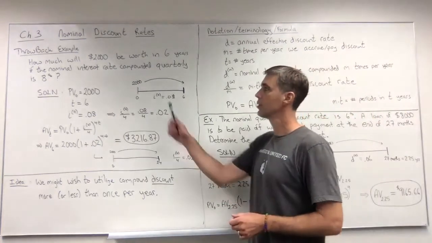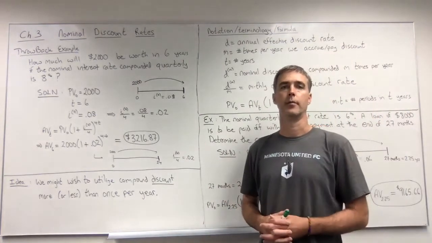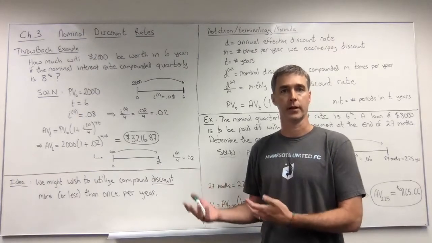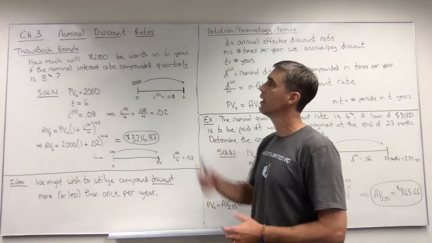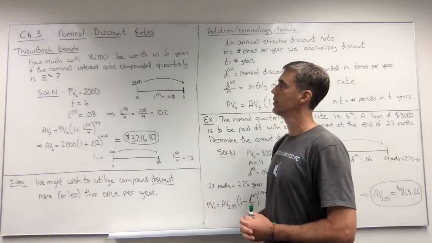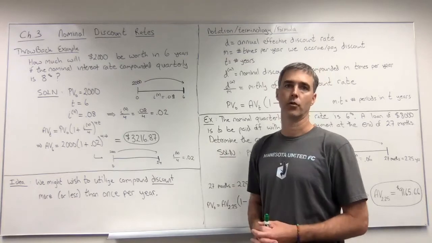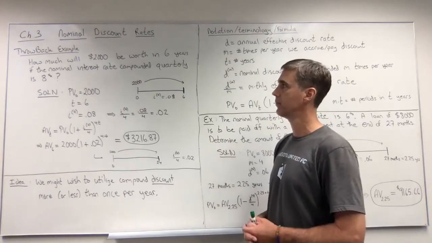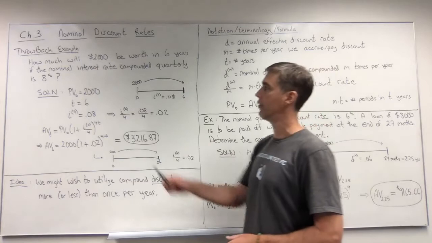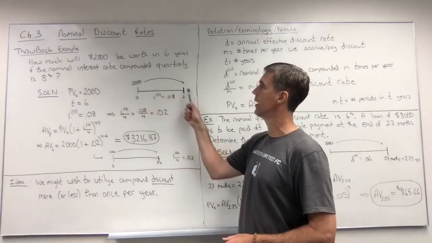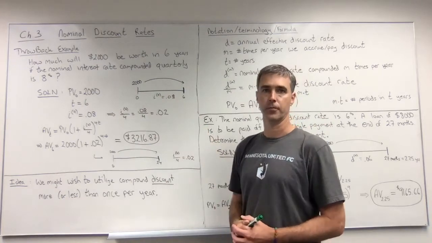All right, so I'm going to start with a throwback example about nominal interest and monthly effective interest. How much will $2,000 be worth in 6 years if the nominal interest rate compounded quarterly is 8%? So I have a present value of 2,000 and I'm trying to push that 6 years into the future.